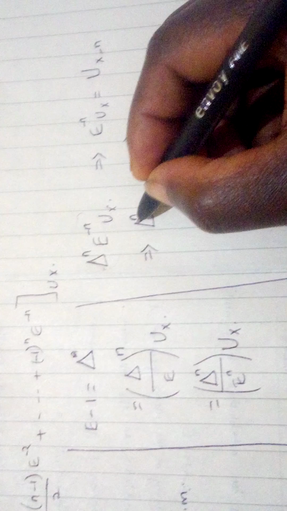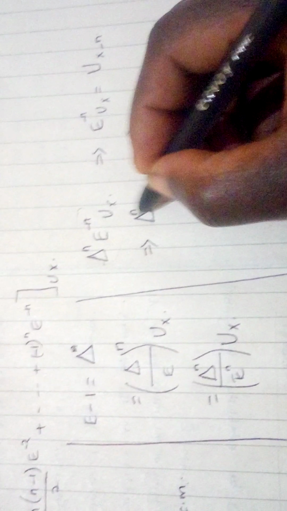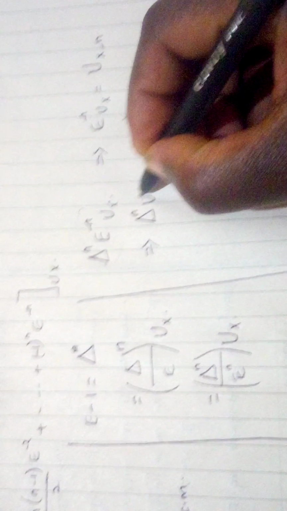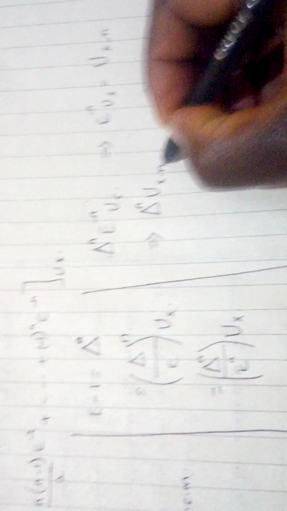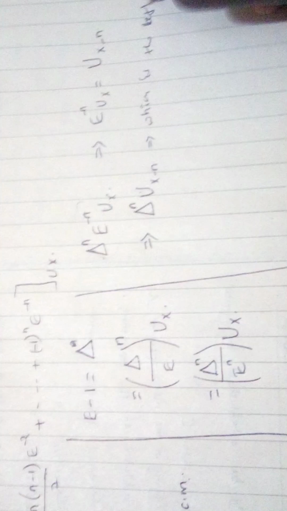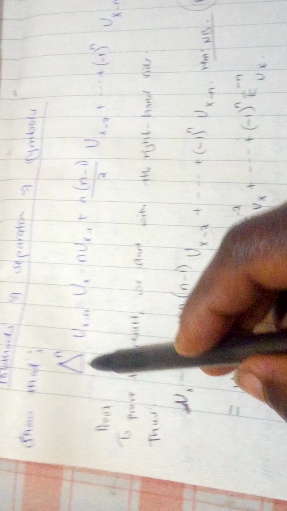Are we together? So we write the forward difference operator to power n multiplied by u(x minus n). This is the left-hand side. So this is what we have here.